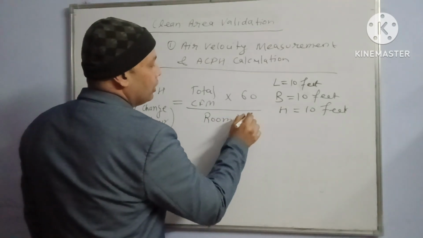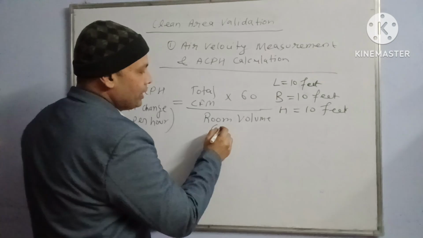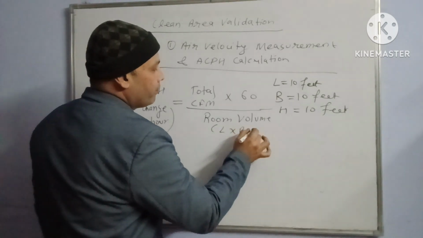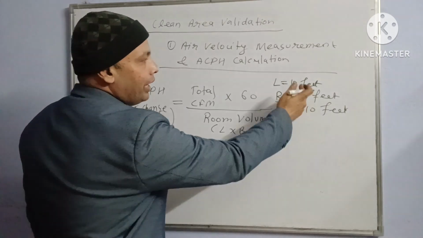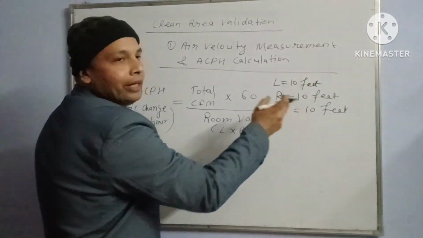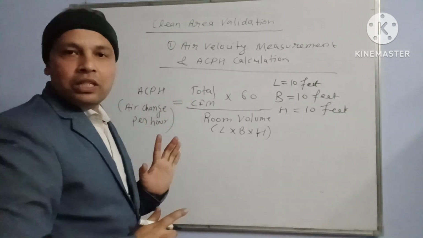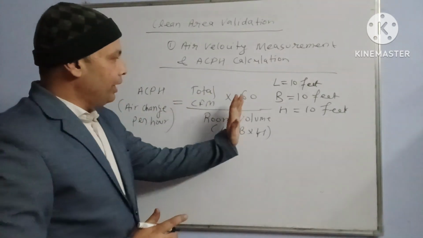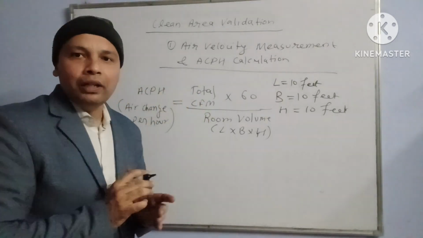Room volume, how to calculate the room volume? L into B into H, length into breadth into height. That is room volume. So first we need to calculate this total CFM. Then we are going to put those values in the formula.